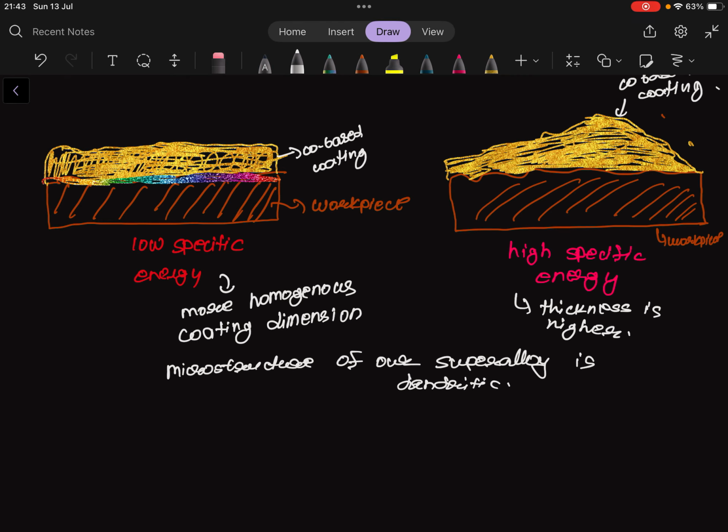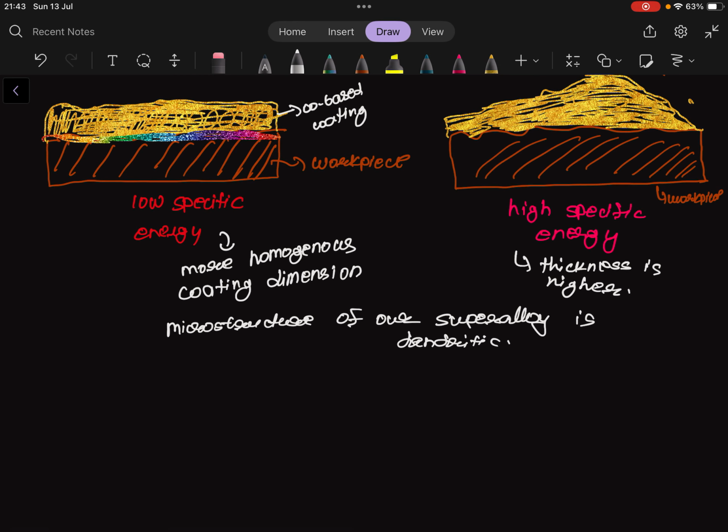So this means that we have an interface between the substrate and the coating layer, and we have an enrichment of iron on that area.